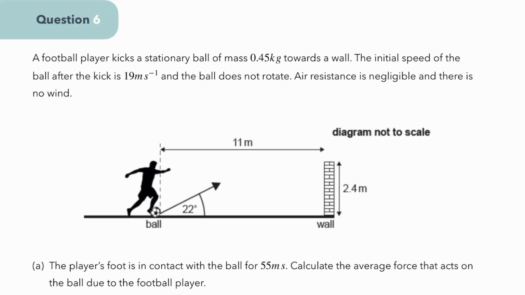Question 6. A footballer kicks a stationary ball of mass 0.45 kilograms towards a wall. The initial speed of the ball after the kick is 19 meters per second and the ball does not rotate. Air resistance is negligible and there is no wind. So air resistance is negligible means we could be looking at suvat or projectile motion.